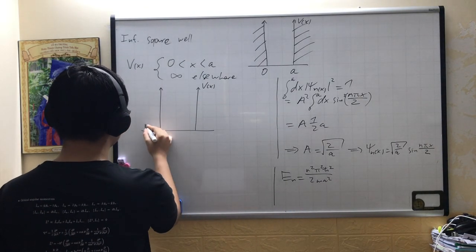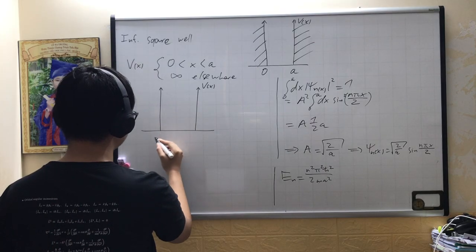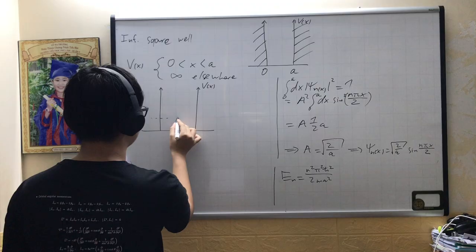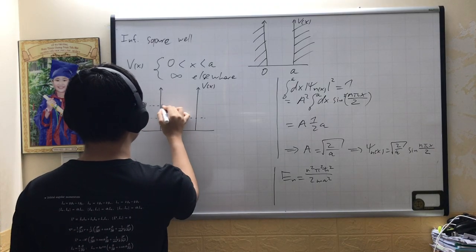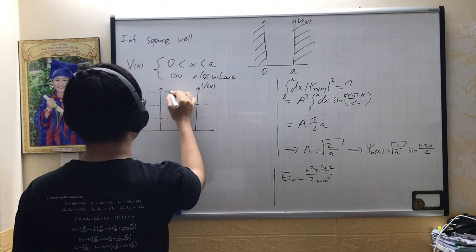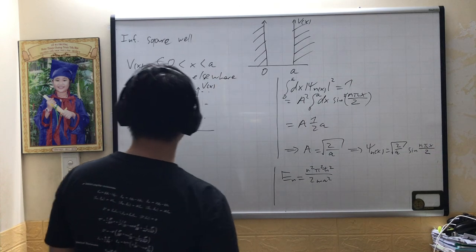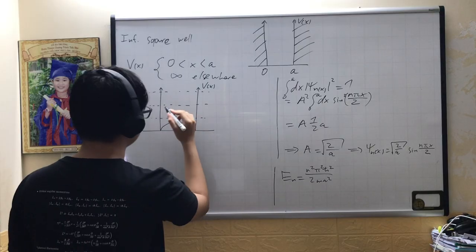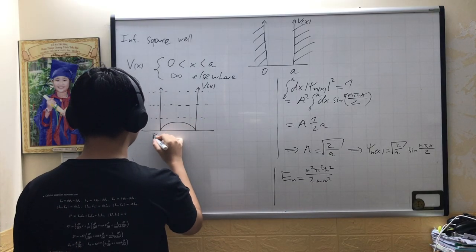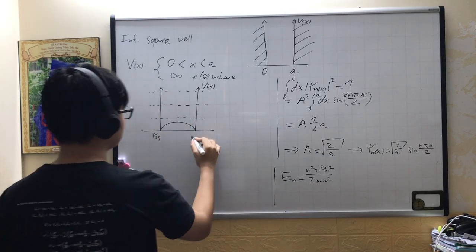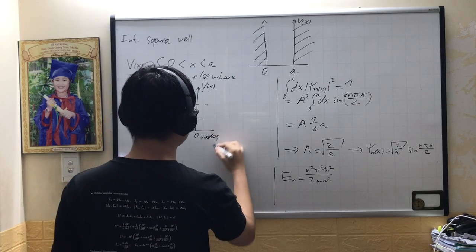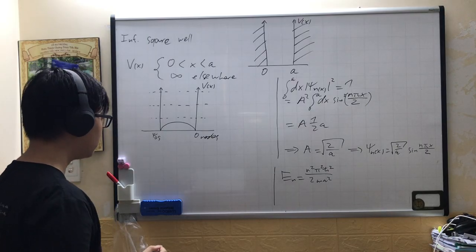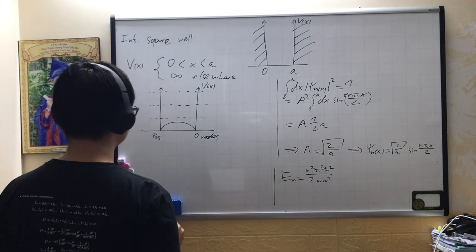So let's graph our ground state. Okay, let me just draw some lines here. The ground state would look something like this with 0 nodes. Just like this. This is an even energy eigenstate.